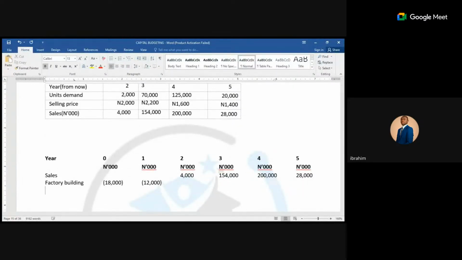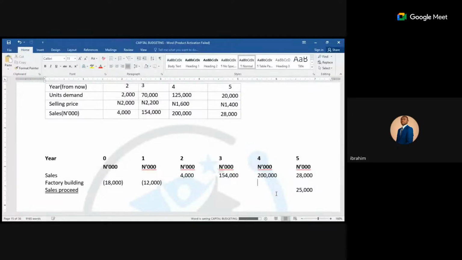Sales proceeds. So 25 million, right? 25 million.